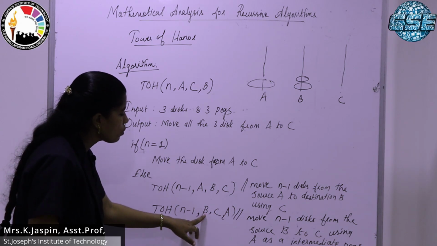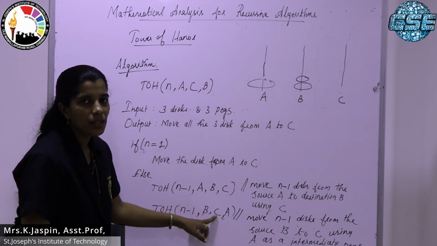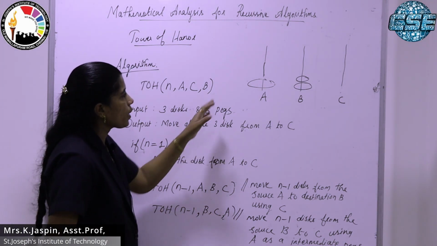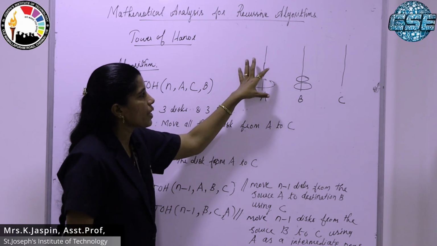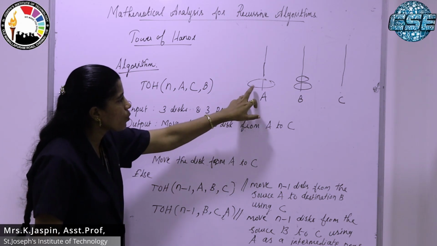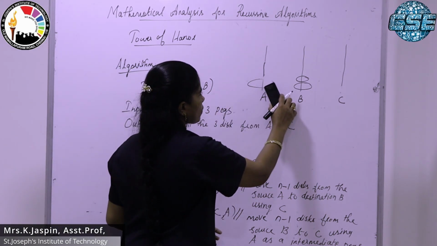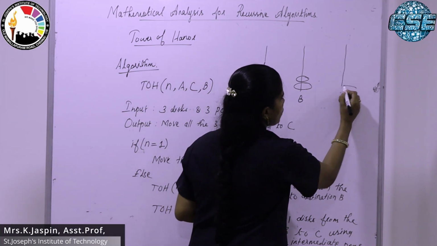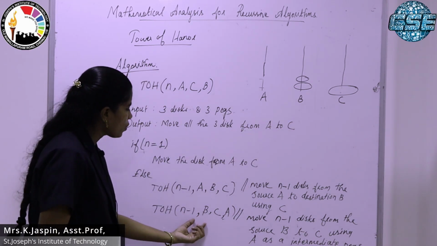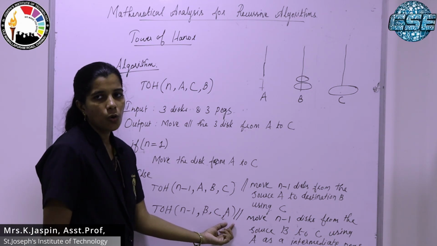After that, we need to move these n minus 1 disks from pillar B to C by considering the intermediate pillar as A. So here, in this scenario, n is equal to 1. I have only one disk in the source pillar, so I can directly move it from A to C. After that, I need the n minus 1 movements from B to C to make the output.